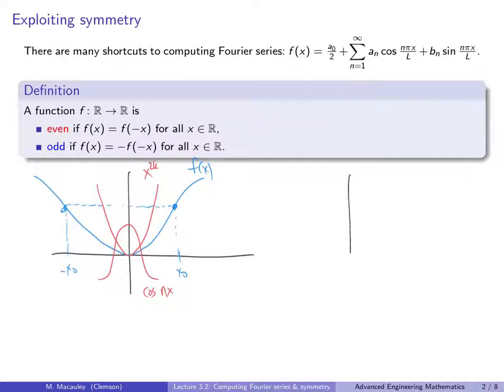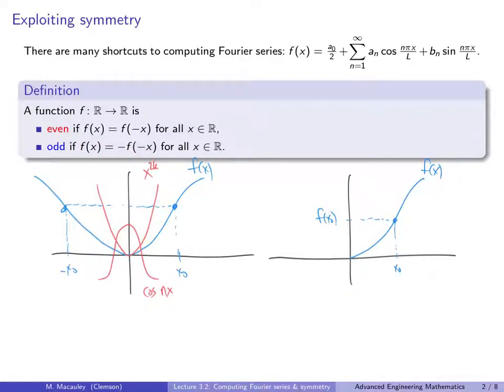Now a function is odd. This is a little bit more complicated, but not too bad. So let's sketch the same piece up here. Suppose this is f of x, and say this is x naught. And so this height is f of x naught. Well, then this says that f of x equals negative f of negative x.